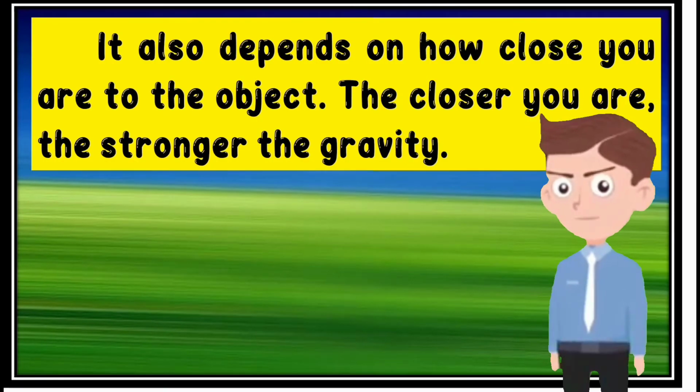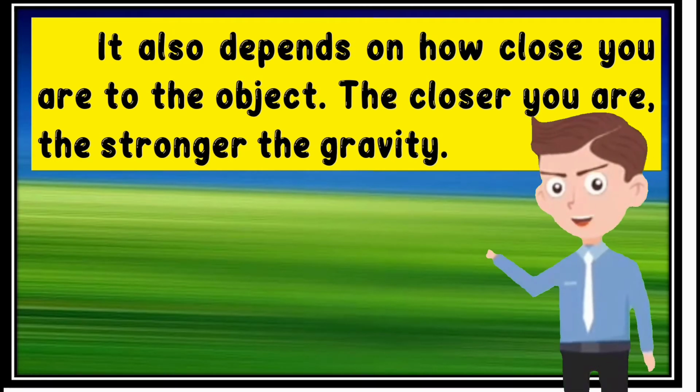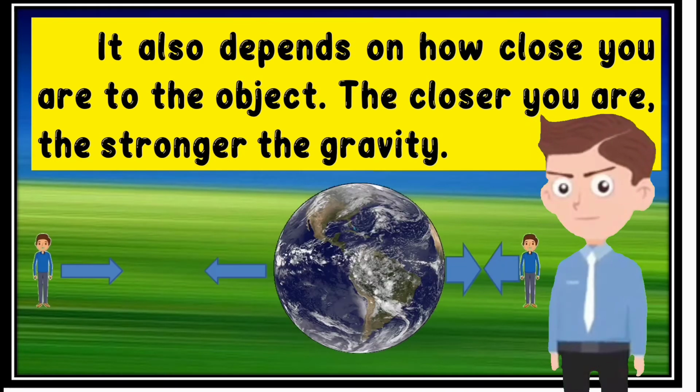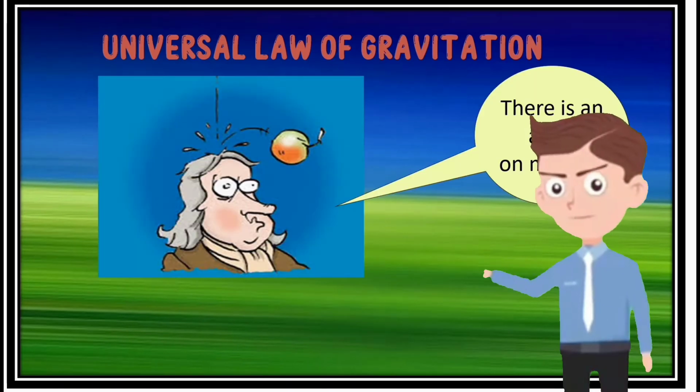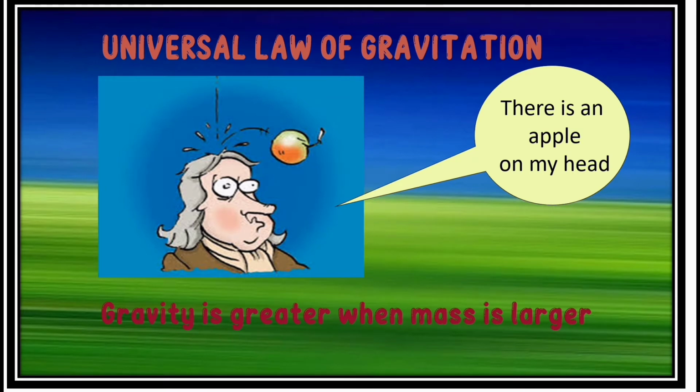It also depends on how close you are to the object. The closer you are, the stronger the gravity. So always keep in mind that gravity is greater when mass is larger and the distance is shorter.